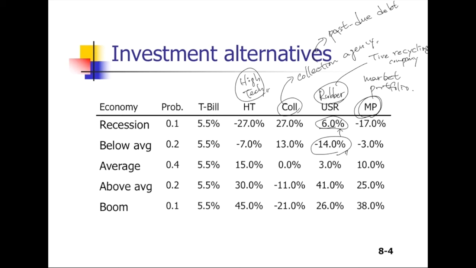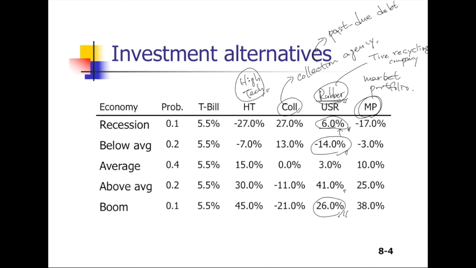Why does this happen? Because if the market is in recession, car owners just replace the tire, right? So there are many recycled tires, and they get more profit from that. So their expected return goes up when the market is in recession. In the opposite case, if the market is in boom, their return goes down a little bit, right? When the market condition is above average. Why does this happen?